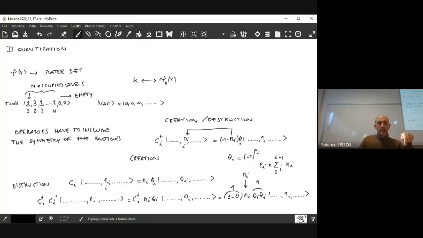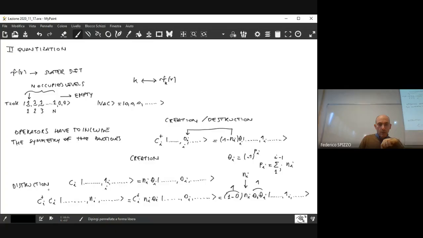So the idea is that if we apply the creation operator and the destruction operator in this order, then we may go back to the starting state having a coefficient that is equal to the occupancy of the initial state.